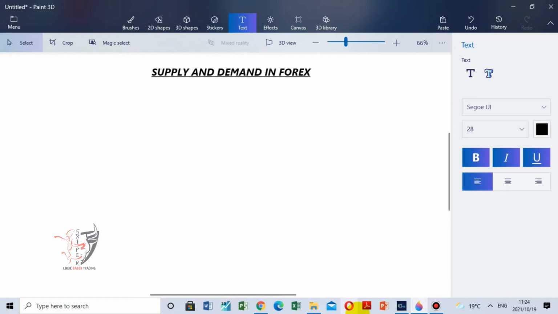Supply and demand is a much deeper zone which represents regions of key price levels of a broader support and resistance. To us as supply and demand traders, support and resistance is like a trap zone where most traders get trapped.